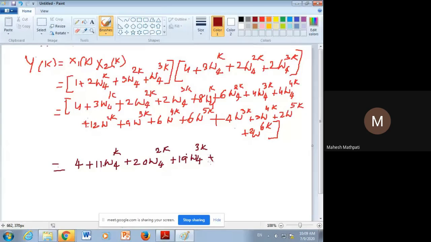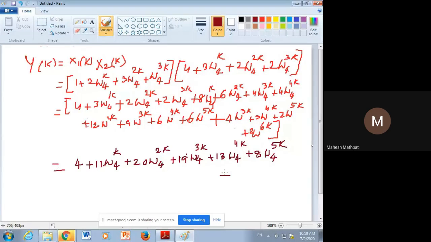Plus what next? 13. 13 W4 to the power 4K, plus for 5K, 8. How much? 8 W4 to the power 5K.